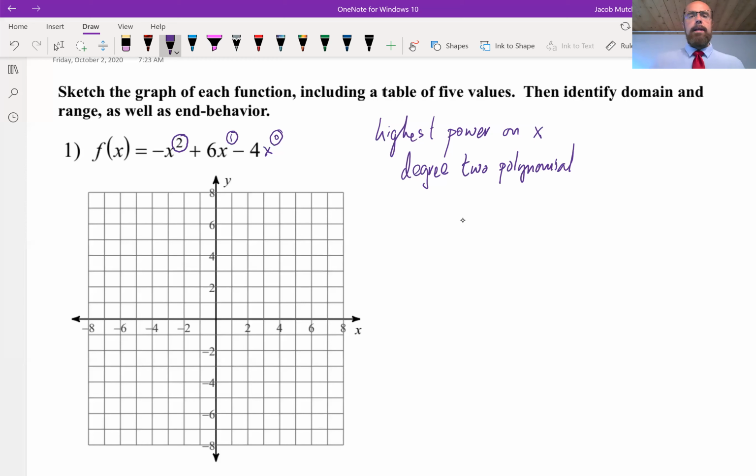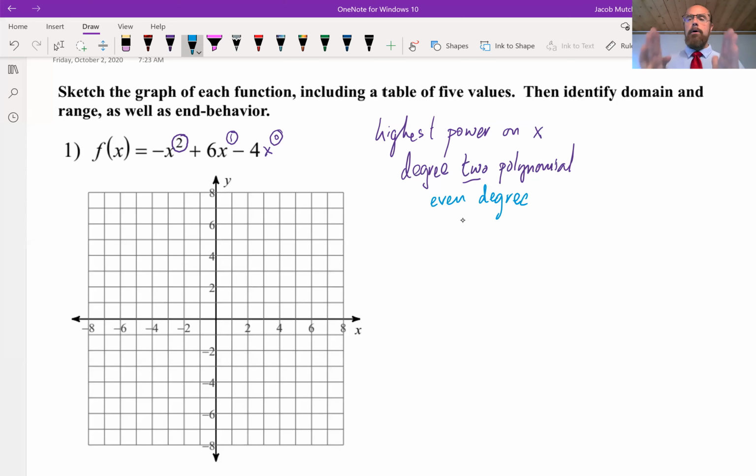Now, the way that I can use that to predict how the ends of this function on the left and the right are going to behave is based on whether this degree is even or odd. So I see that that degree 2 is an even degree. And what that tells me is that the arms on the left and the right of the function will be approaching the same direction.